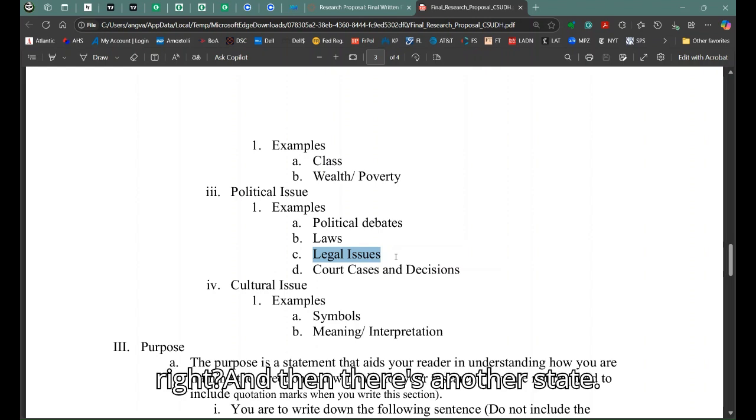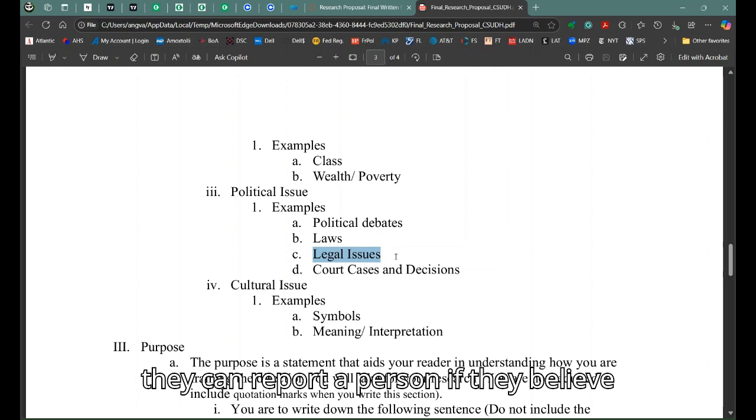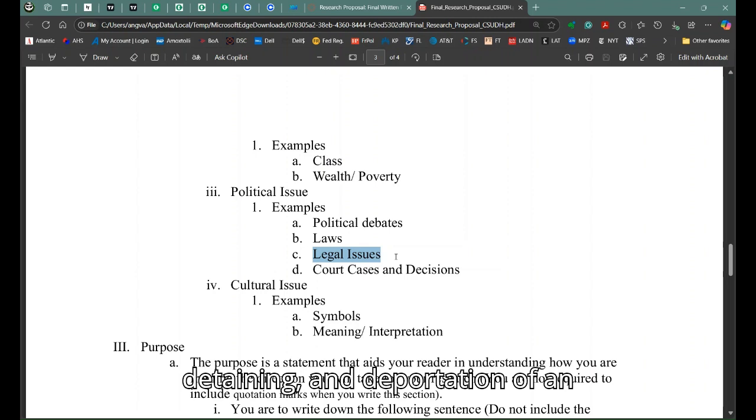Right. And then there's another state, I think it's Arizona, because I just heard about it recently, like within the last 24 hours. Or, sorry, Missouri. In Missouri, citizens can now be deputized and can report a person if they believe they're undocumented, and potentially get a $1,000 reward for the identifying, detaining, and deportation of an undocumented immigrant.